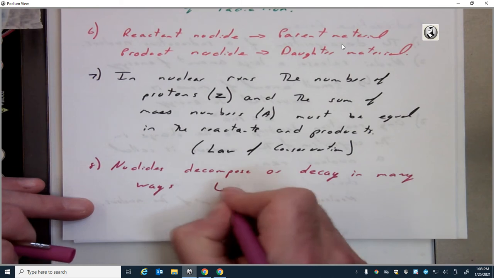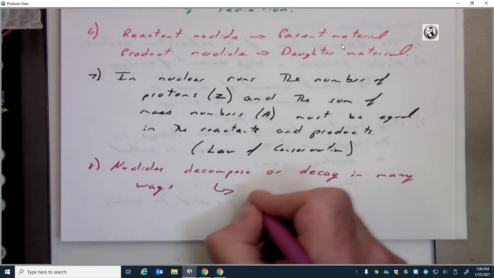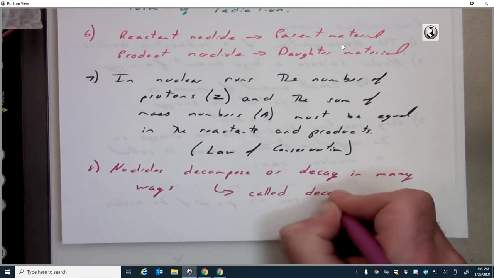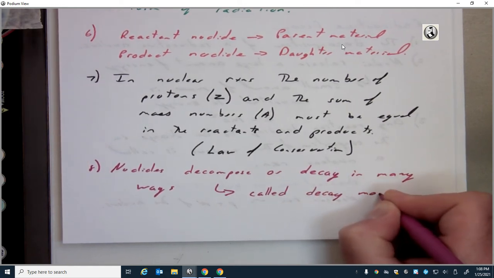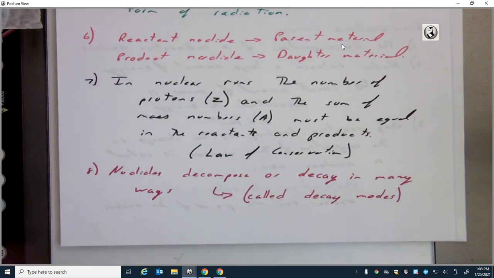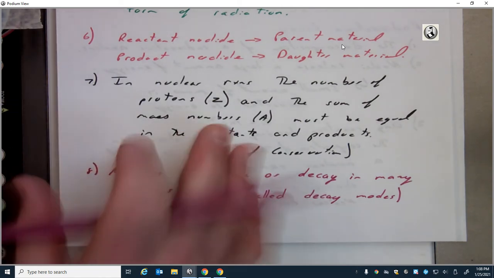These are called decay modes. The way it decays, or the specific type of radiation that it gives off, defines its decay mode. And I want to show you the different types of radiation. We're going to make a chart.